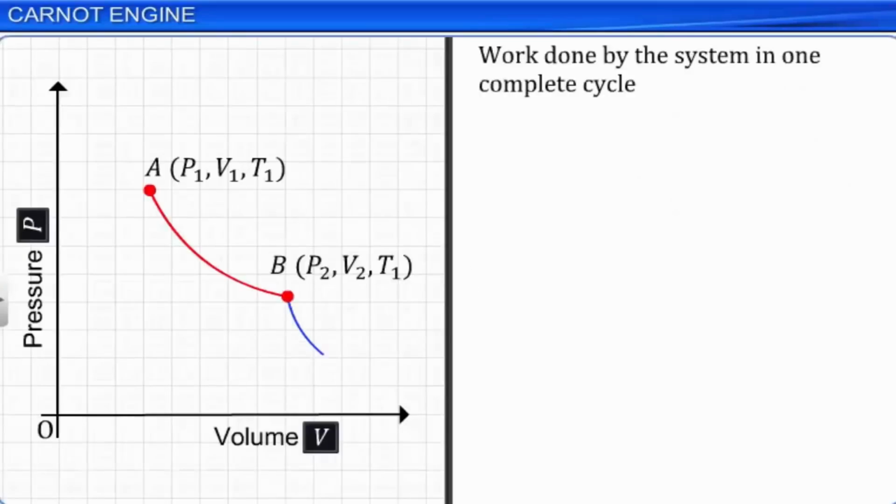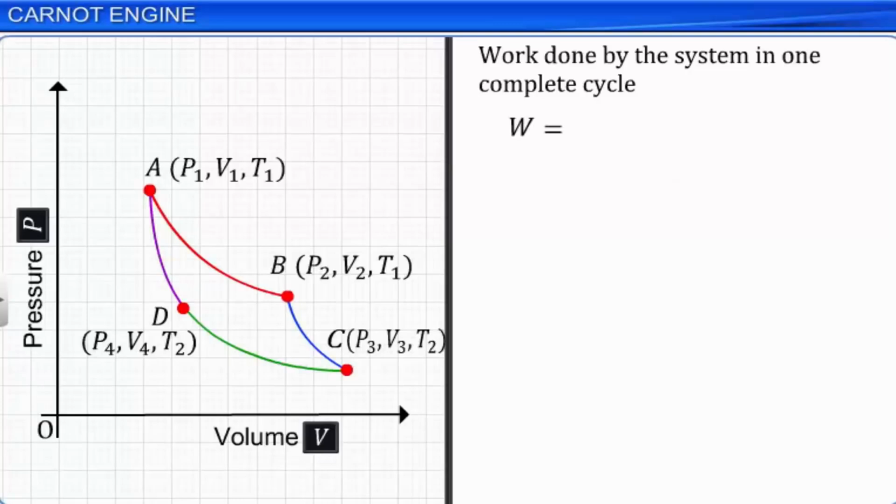In one complete cycle, the work done by the gas W is equal to W_AB plus W_BC minus W_CD minus W_DA. Note that we have taken the negative sign for W_CD and W_DA as the work is done on the system during the compression.